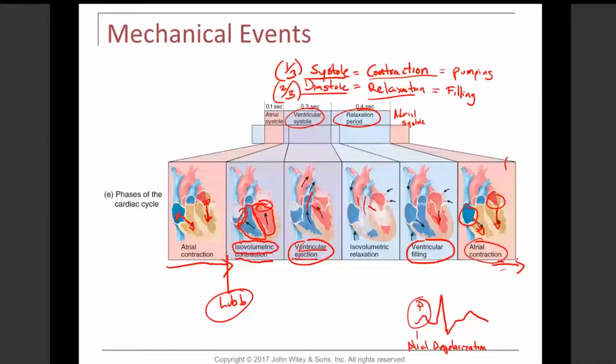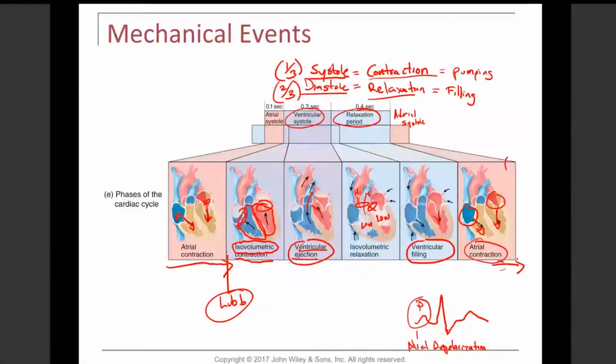When they begin to relax, the pressure ultimately becomes lower here, it says low, and higher out here. And that's what causes those valves to slam shut, because the blood is going to want to flow back into the ventricles due to the pressure gradient. It can't do that though, because those are one-way valves. So the blood that leaves the heart slams the door behind itself, and that causes the dub sound to be produced.